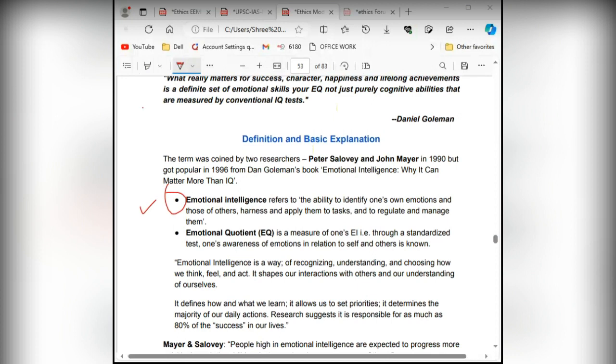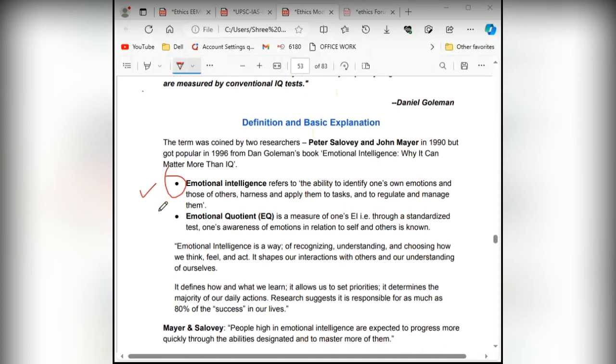Whenever you are writing ethics or any of your tests, just write that single definition every time. Why? Because if you are writing 10 tests on emotional intelligence, writing one definition every time will print the definition in your mind, and with this you would be able to complete your topics easily.